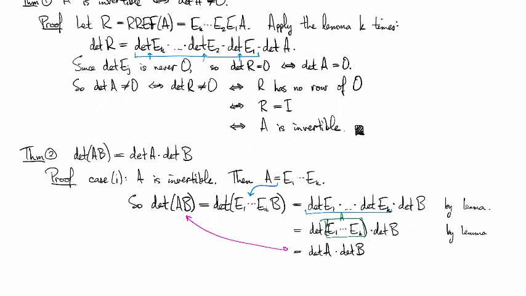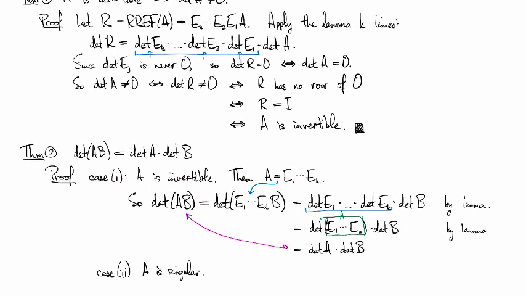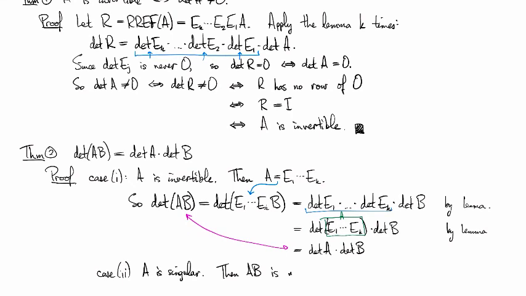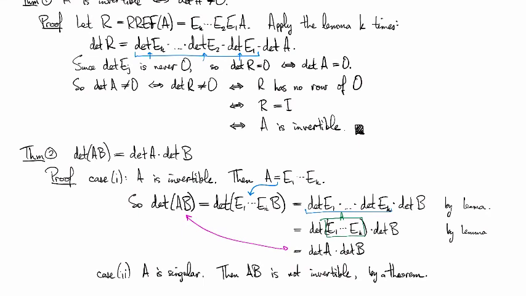What about the case when A is not invertible? In this case, we know that AB is not invertible, by the earlier theorem about the inverse of a product of matrices.